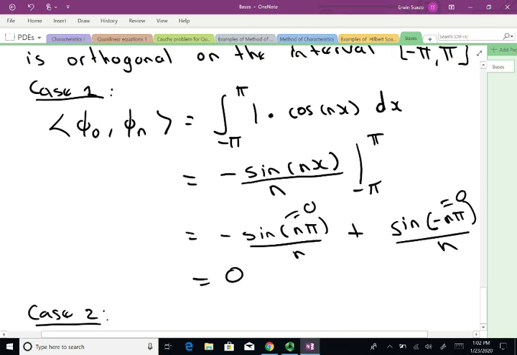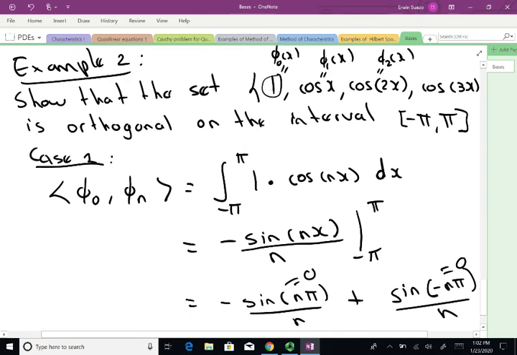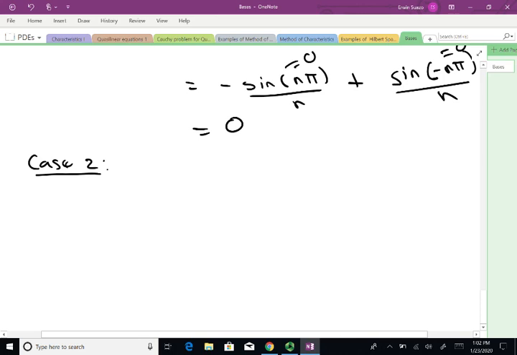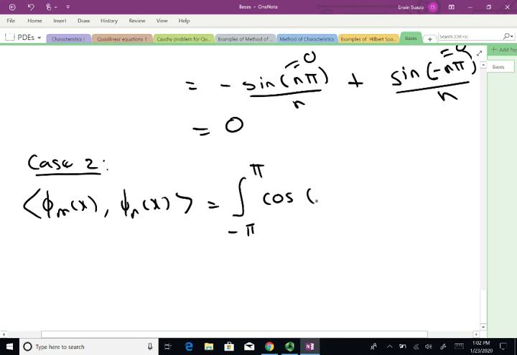So case 2. The first one is special because it has 1, but the other one is any cosine. So I could have phi m of x and phi n of x, and take the inner product. In that case, we have the integral between minus pi and pi of cosine mx times cosine nx dx.